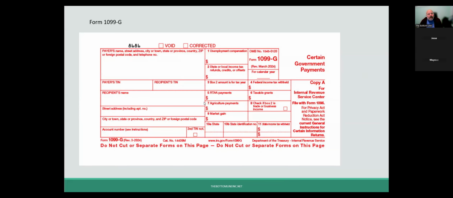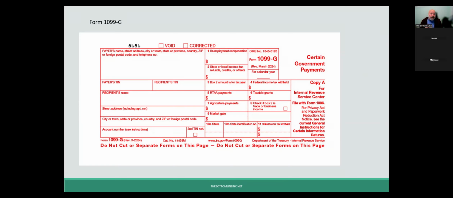Unemployment: a 1099-G can record many kinds of different income from different sources. So a 1099-G will have unemployment. If you get a refund from the state or local, that'll be in box two.